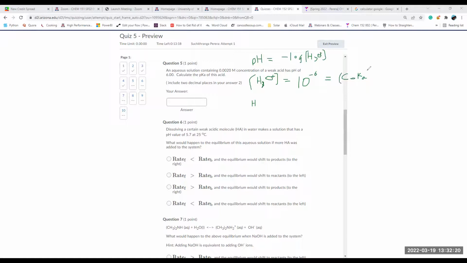Therefore we can say that C naught times Ka is equal to 10 to the power of minus 6 squared, which is 10 to the power of minus 12.